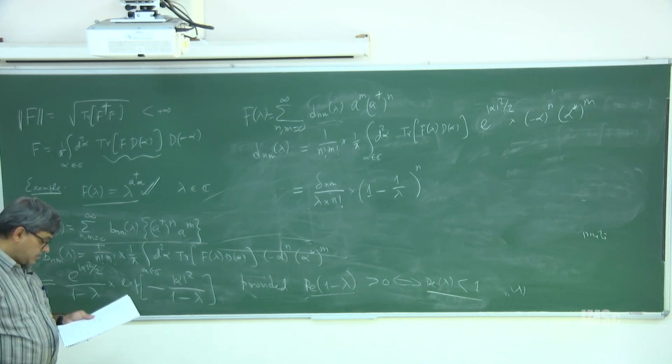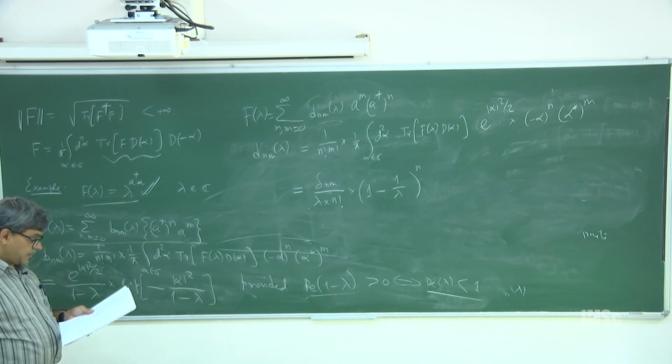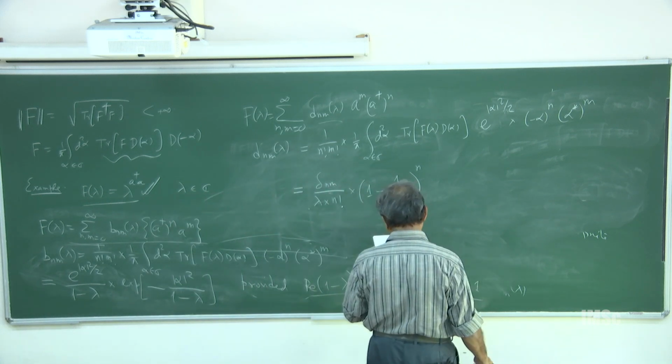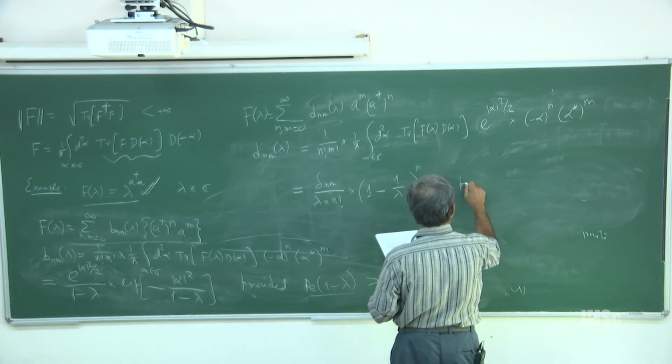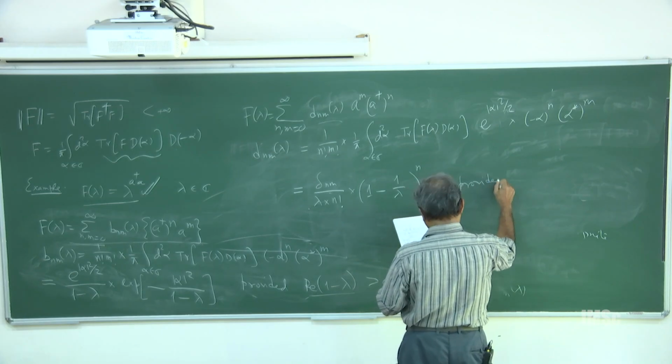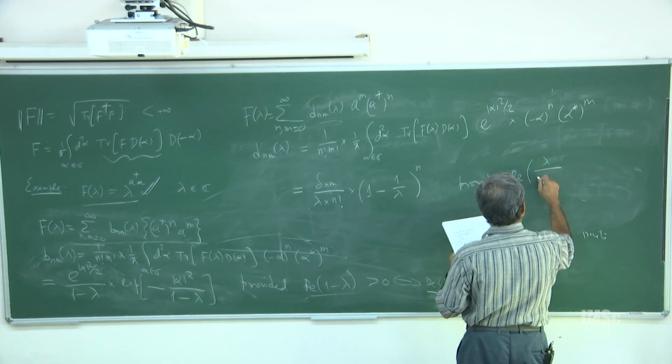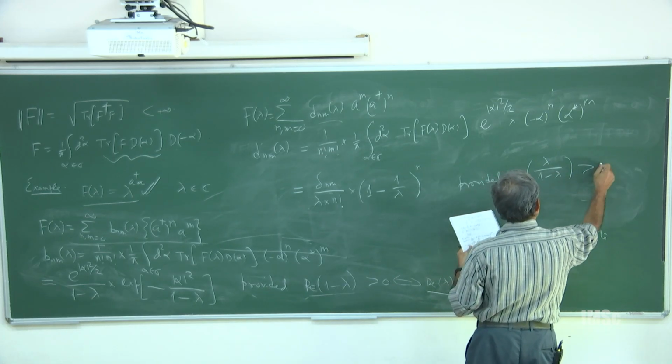Now, of course, you can write this provided the real part of lambda by 1 minus lambda is greater than 0. Why?